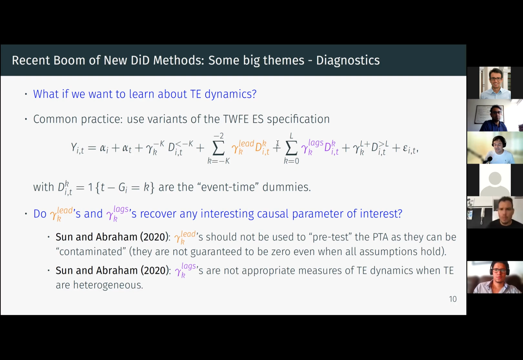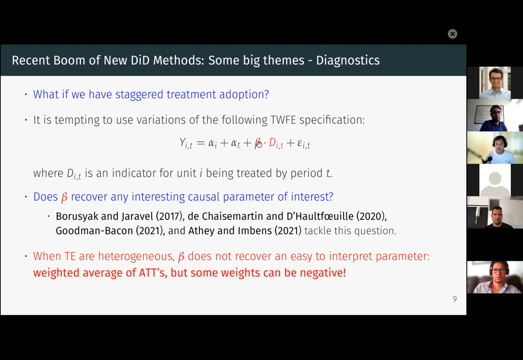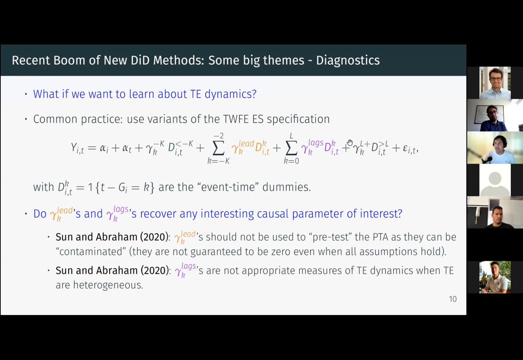So the natural question here is, well, we have seen that in this world, beta is complicated. And one of the main reasons for beta having these negative weights was treatment effect dynamics. The Goodman-Bacon result showed that one of the main complications is dynamics. So here, I'm explicitly modeling some dynamics.